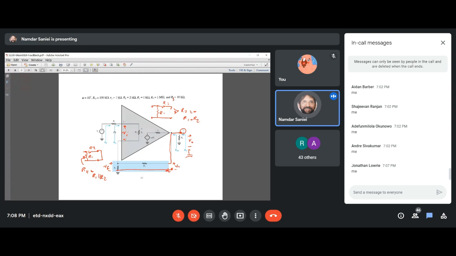But the truth is that this RS does not belong to the amplifier. Just so that it looks like the ideal situation, we sent this RS into the network and considered it inside the network. Now we need to give it back. In the series shunt configuration, it is much easier, or any time that we have series combination, we simply deduct RS from the resistance that we found as RIF.